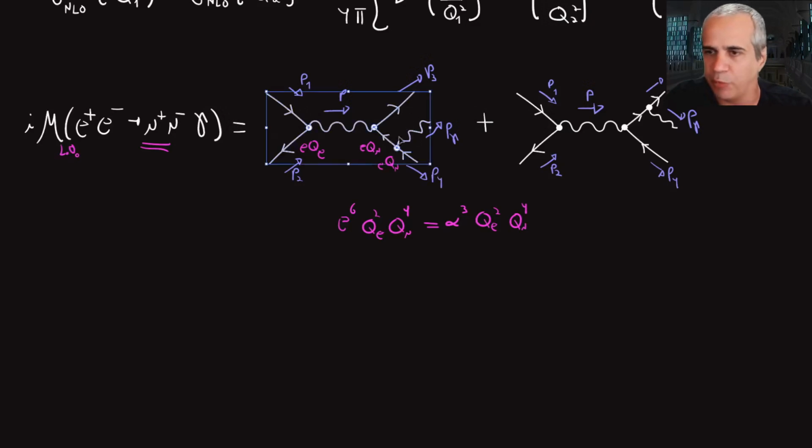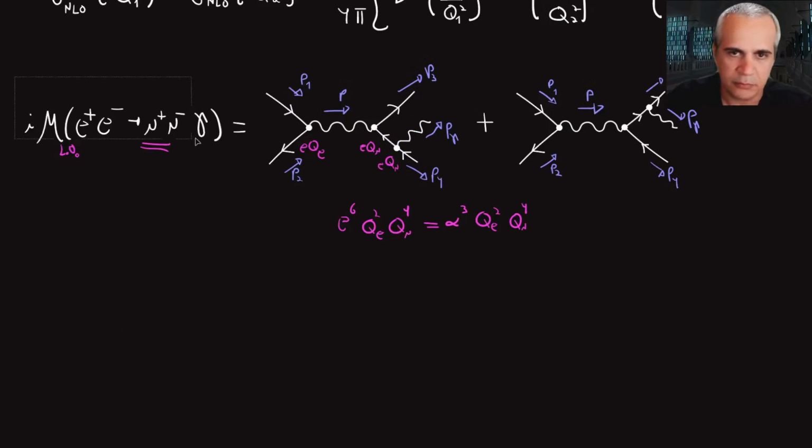The only new part is this photon plus this fermionic propagator here. So I want to write this as much as possible similar to an electron to mu plus mu minus scattering times a small part here that is new. Let's see how we can do that.